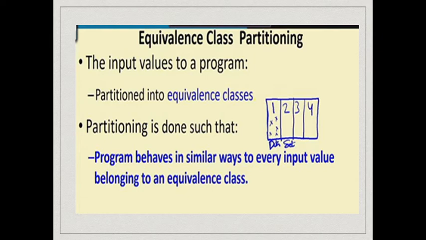That is, the same set of statements may get executed. Here we do not have knowledge of the internals of the software, but just by observing the behavior, we can guess that these are executed in a similar manner.